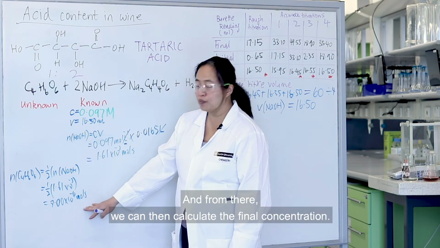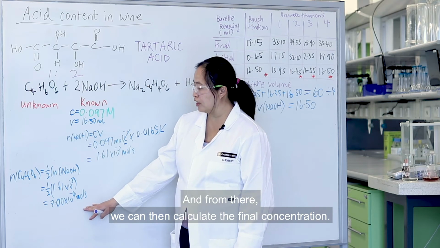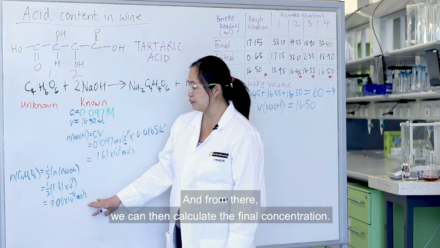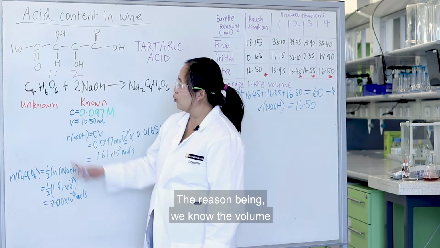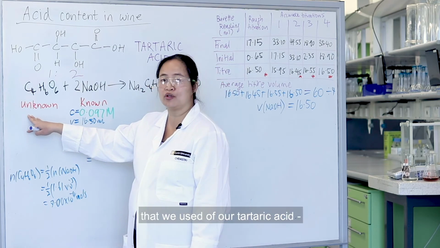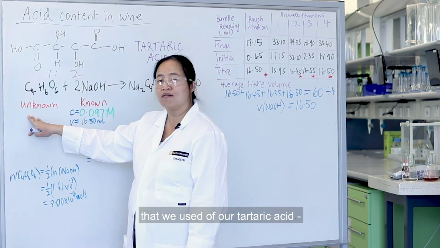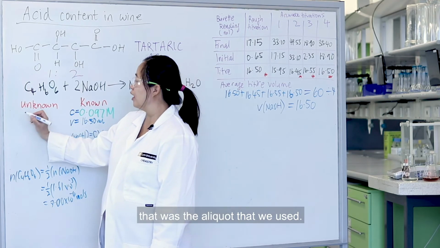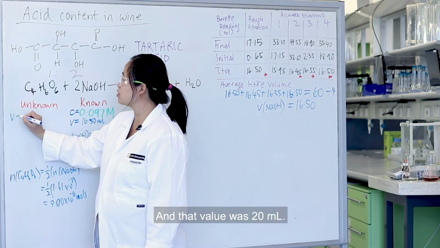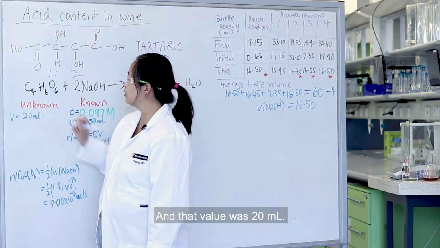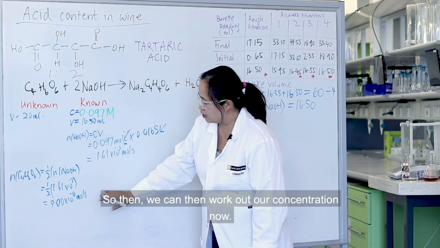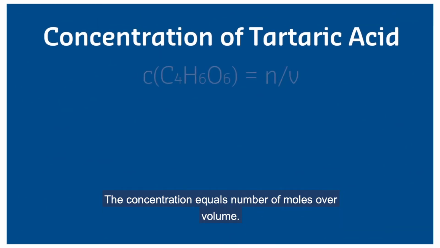From there, we can calculate the final concentration. We know the volume of tartaric acid that we used, the aliquot, and that value was 20 mL. So we can work out our concentration now. The concentration equals number of moles over volume.